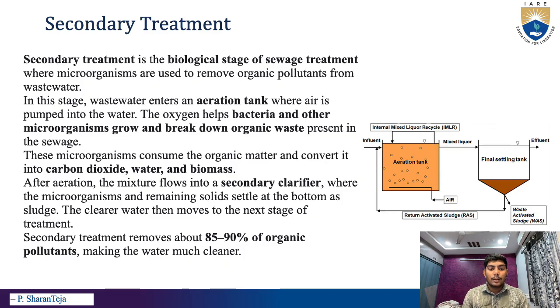These organisms consume the organic matter and convert it into carbon dioxide, water, and biomass. After aeration, the mixture flows into a secondary clarifier where the microorganisms and remaining solids settle down as sludge.